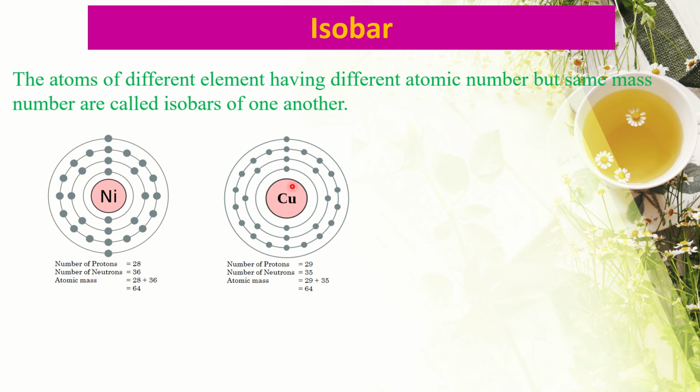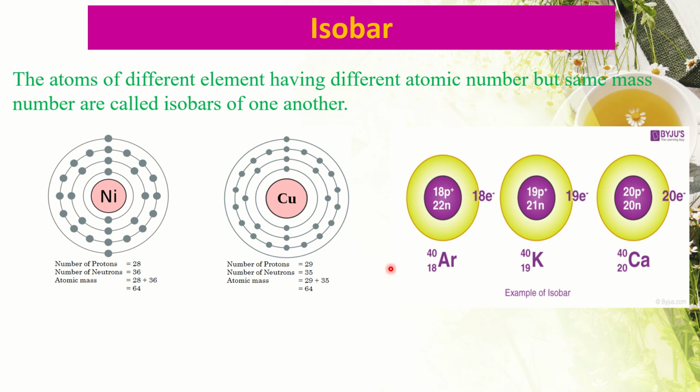Dear students, this is not the commonly available copper atom, because we know the mass number of copper is 65, but it is one of the isotopes of copper whose mass number is similar to that of this nickel atom, but their atomic numbers are different, so they are isobars of one another.